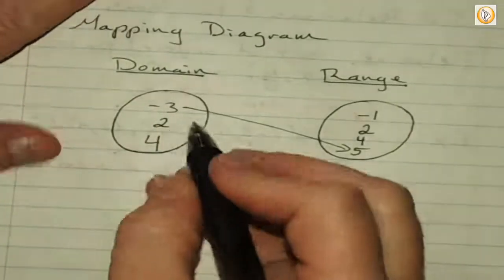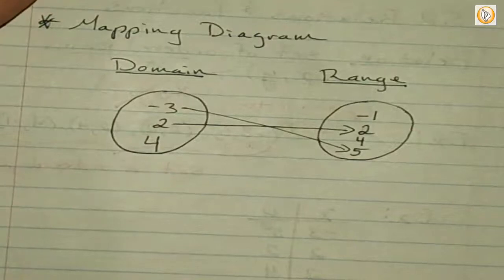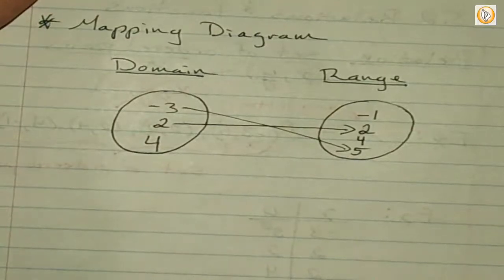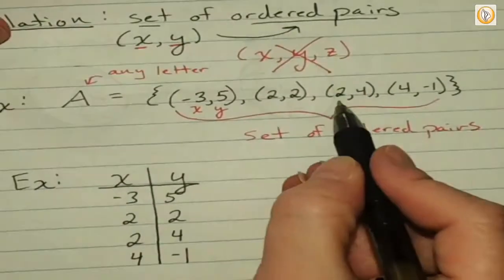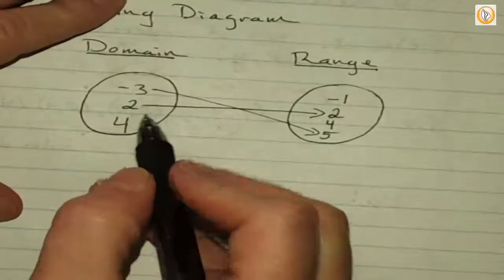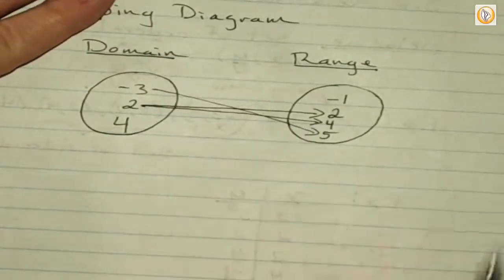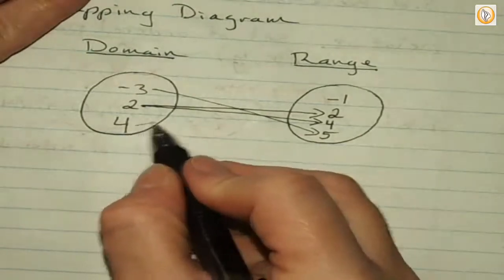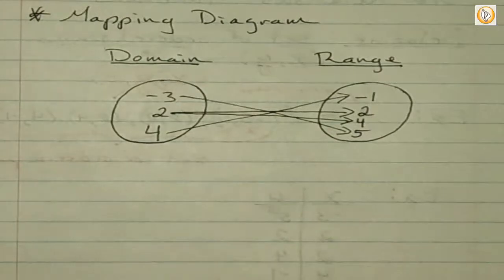So 2 goes right across with 2. Y'all see what I'm doing here? And then 2 goes with 4. I'm using the same 2, but I'm drawing an arrow to the 4. And the 4 goes with -1. That is a mapping diagram.